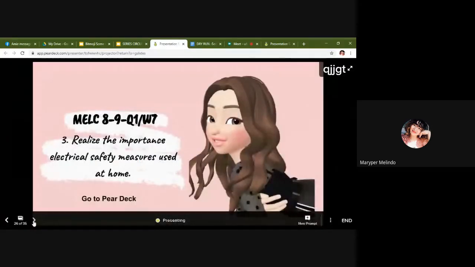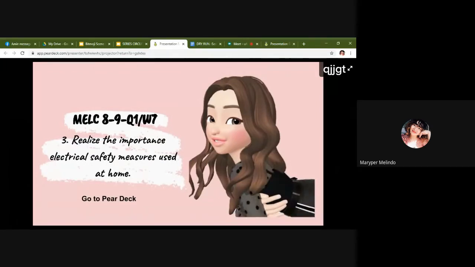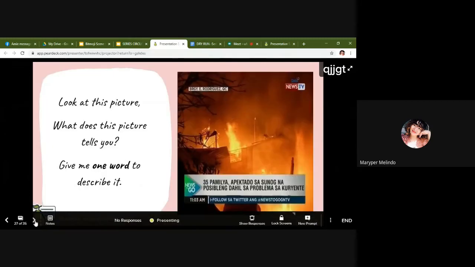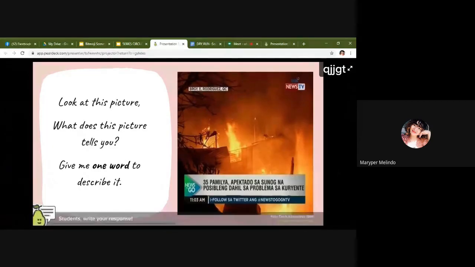So, for our next objective, we have here number 3. Since we already know the advantages and disadvantages, now we have to know the importance. We have to realize the importance of electrical safety measures used at home. Yan. So, look at this picture. What does this picture tell you?